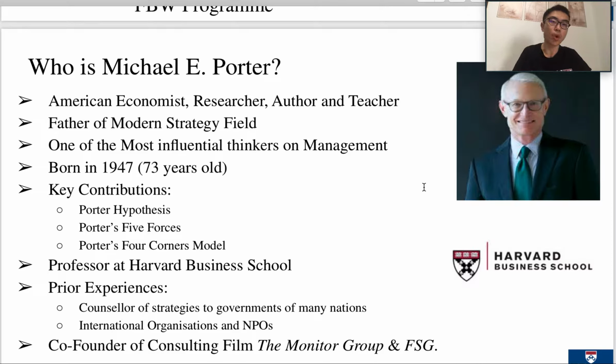Many people rank him as the father of the modern strategy field, and he's one of the most influential thinkers on management. He's currently 73 years old, and his contributions include Porter's hypothesis, Porter's 5 forces we're talking about today, and Porter's 4 corners model. He's a professor at Harvard Business School.